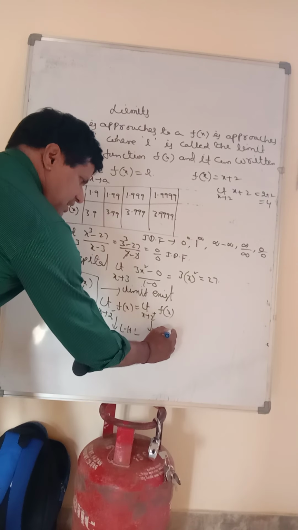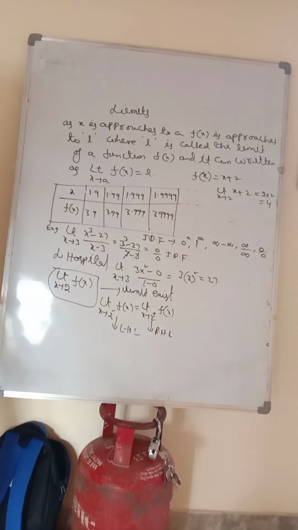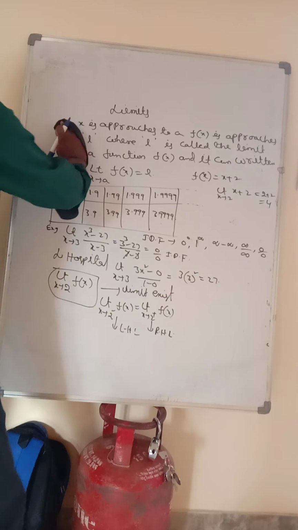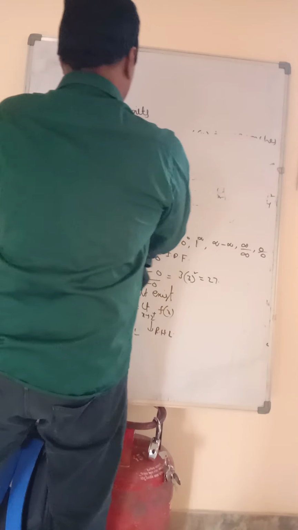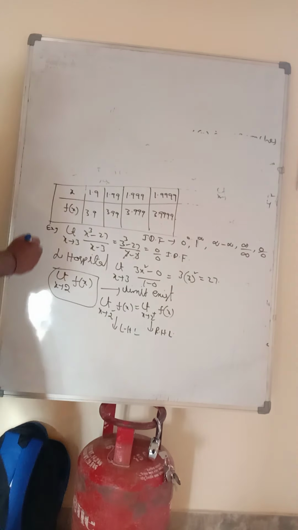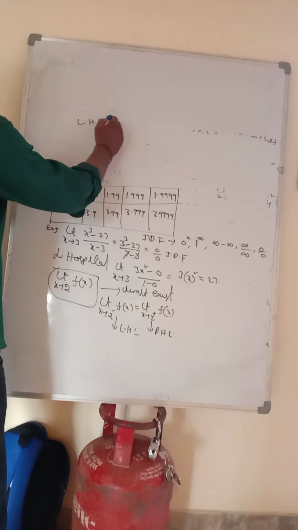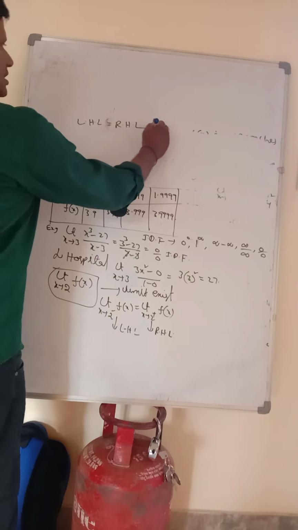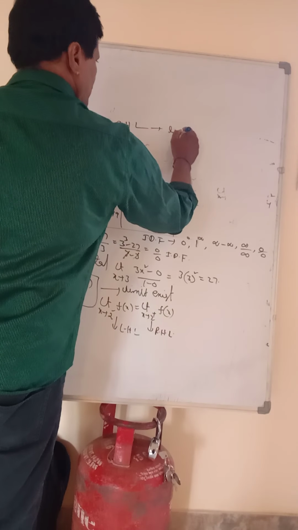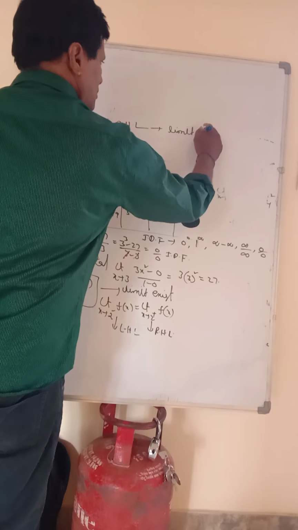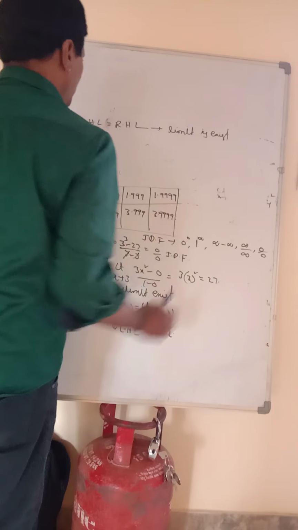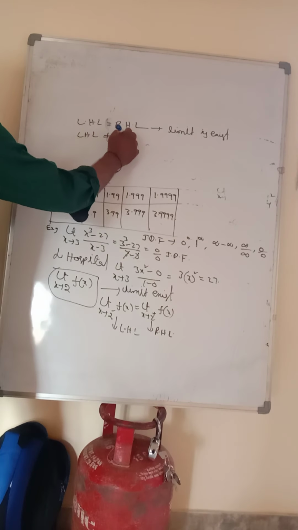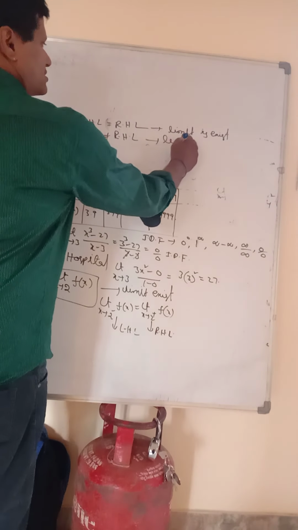Whenever these two are equal, the limit exists. Otherwise, if LHL is not equal to RHL, the limit does not exist.